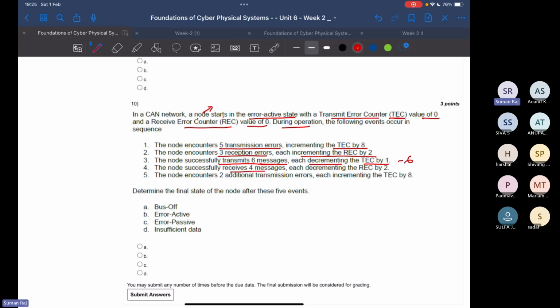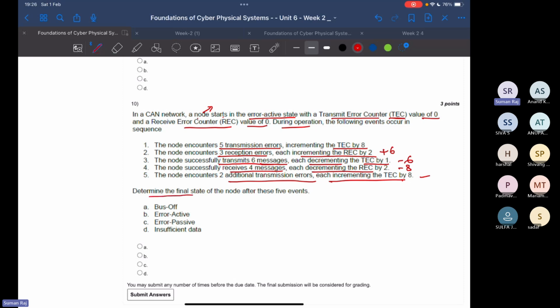And then you successfully receive 4 messages and each of them decrements your REC by 2. So again, minus 8. Again, over here it was 2 into 3 plus 6 actually. And then you encounter 2 additional transmission errors and each of them increments the TEC by 8. Okay, so you just do that.